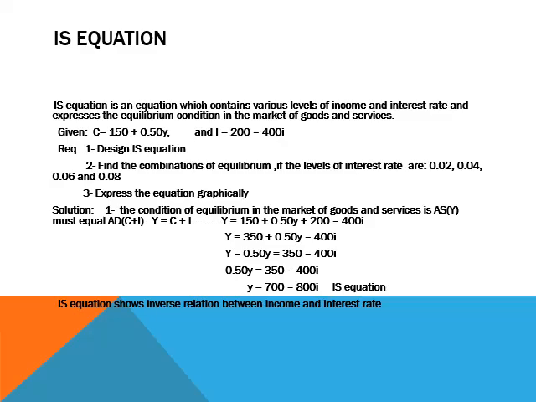So y negative 0.50y equals 350 negative 400i. Y negative 0.50y, the remainder is 0.50y.